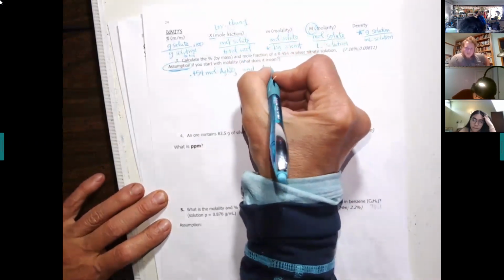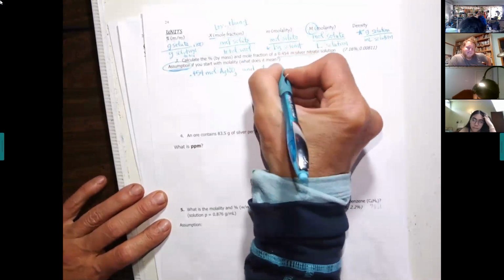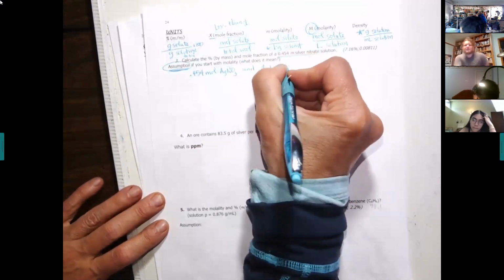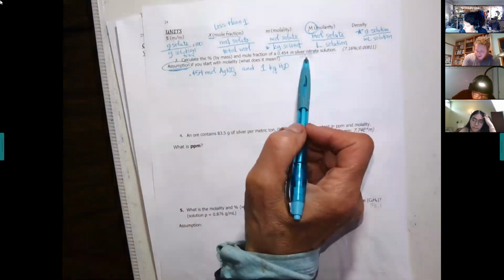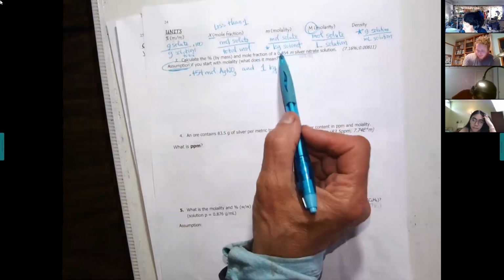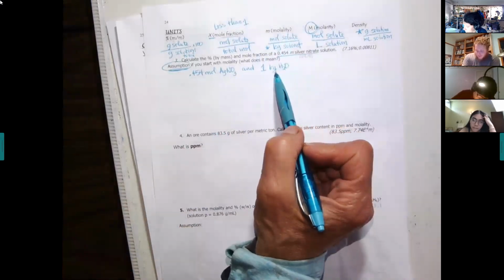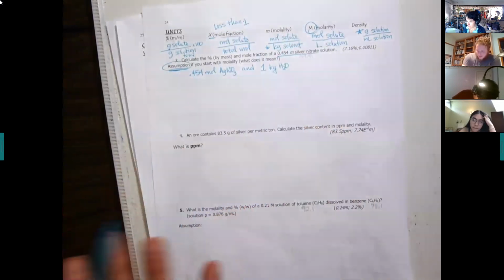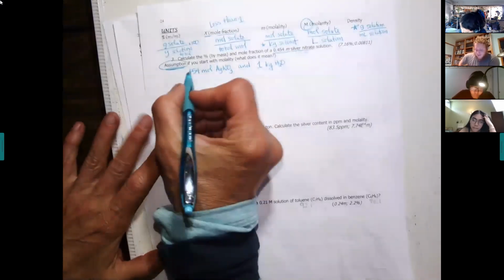And we have 1 kilogram of H2O. A reminder, if I do not tell you the solvent, you want to say it's water. This is what molality means, you're over 1 kilogram. All right, so that's our assumption. It's basically rewriting what the given is in the question.